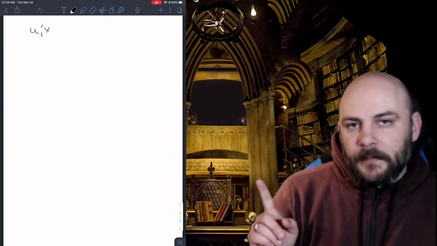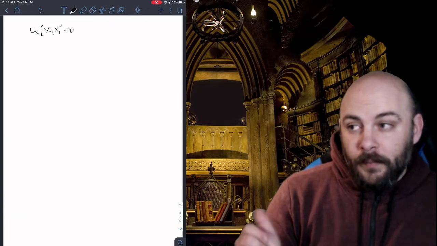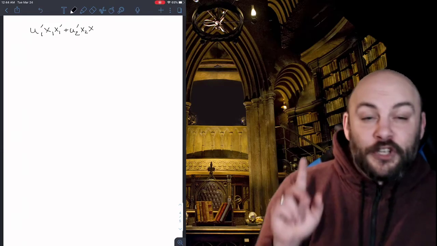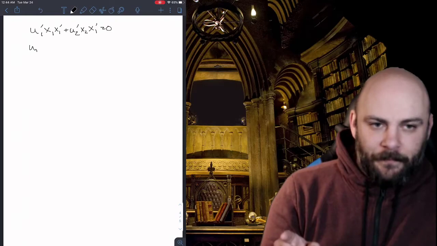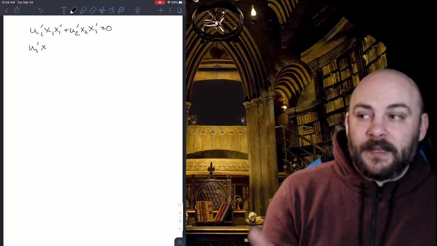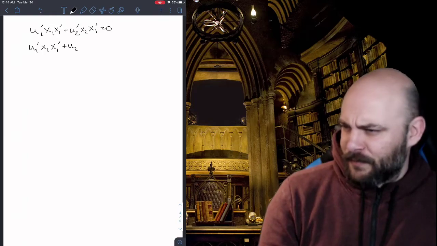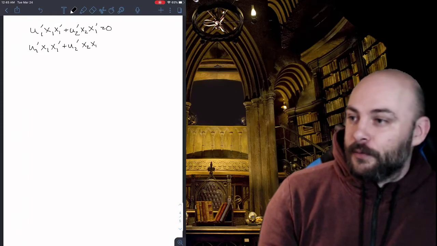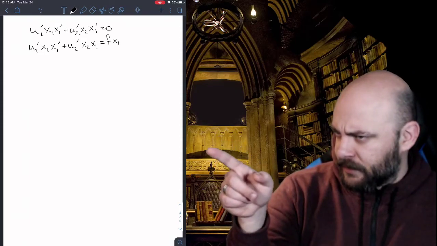All right, so we get, again, write down the two rules that we had. u1 prime x1, let's go and multiply that by x1 prime, plus u2 prime x2, x1 prime, equals 0. And then my second equation is going to be u1 prime x1 prime, there we go, plus u2 prime x2 prime x1. Put a prime on that x2.